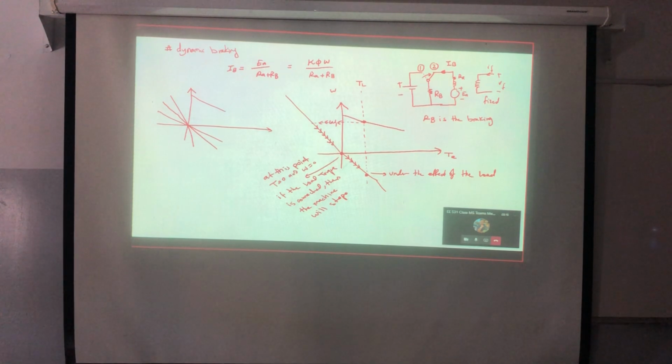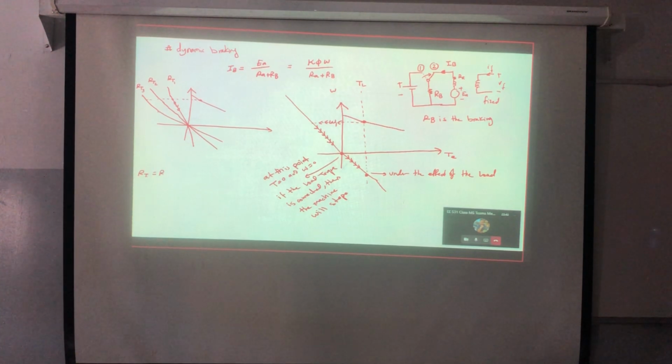That can be like this. So now from here I will do a dynamic braking and I will follow one of those lines, according to R total 1, R total 2, R total 3, where R total is what?